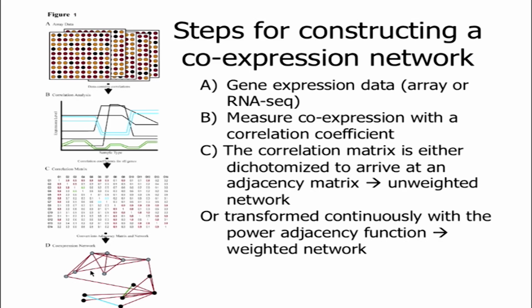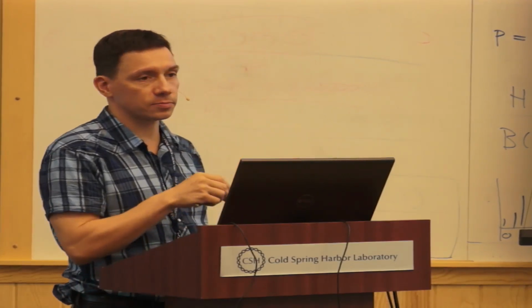And then what you need to do is transform this matrix into an adjacency matrix. Why is the correlation matrix not a network? Well, the answer is because it has entries that can be negative, right? The correlation coefficient takes on values between -1 and +1. And an adjacency matrix takes on values only between 0 and 1. So you need to transform it in some shape or form.